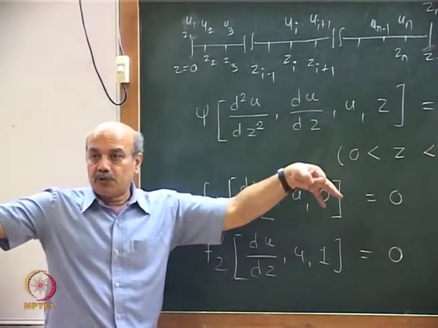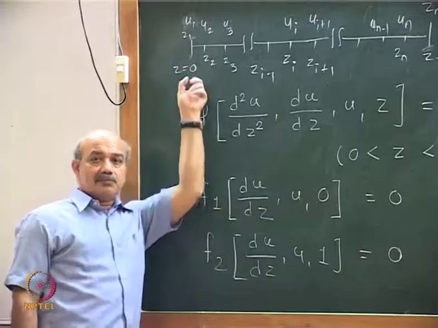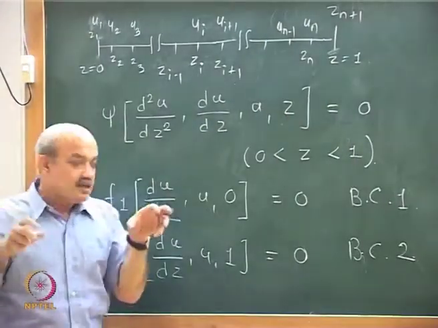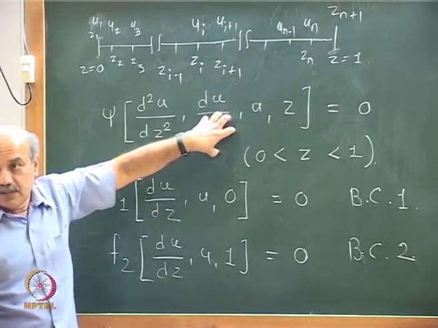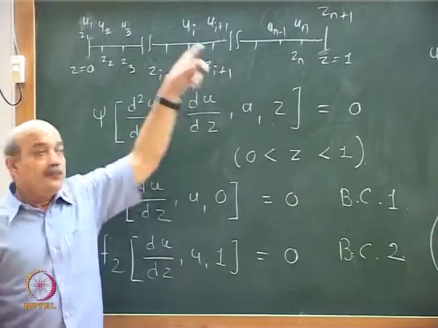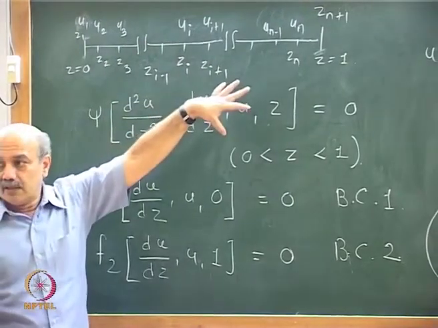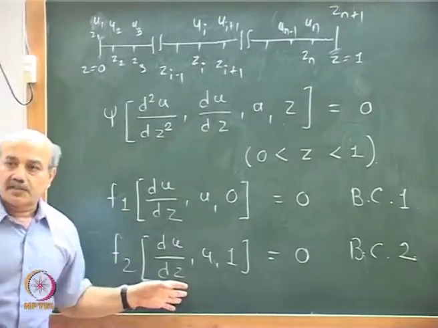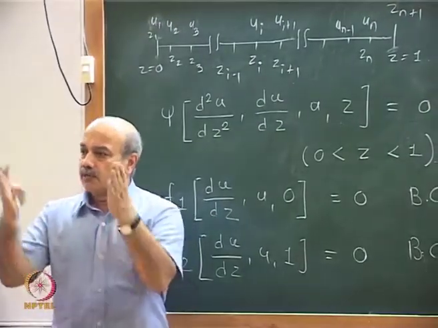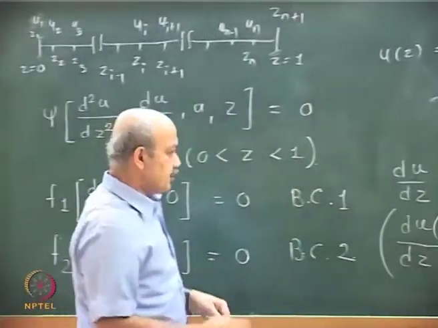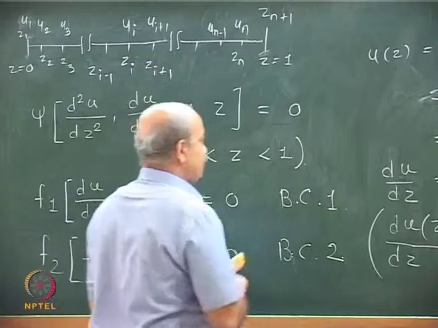At the boundary points, this equation should hold at the first boundary and this equation should hold at the second boundary. Enforcing this equal to 0 at each of the collocation points will give you a set of equations, plus these two will give you two more equations. We'll have a number of equations equal to the number of unknowns, and then we are going to solve it. So now let's embark upon solving the problem.